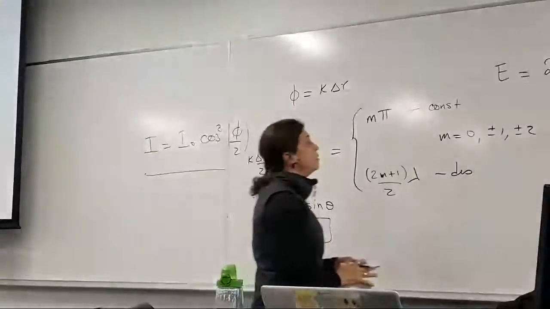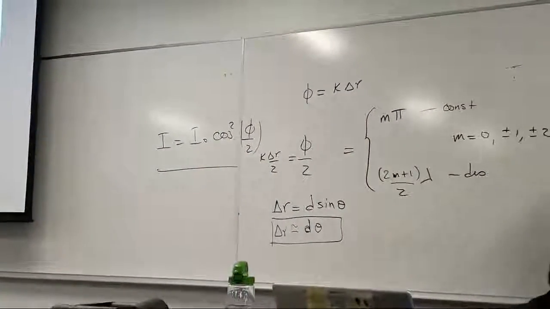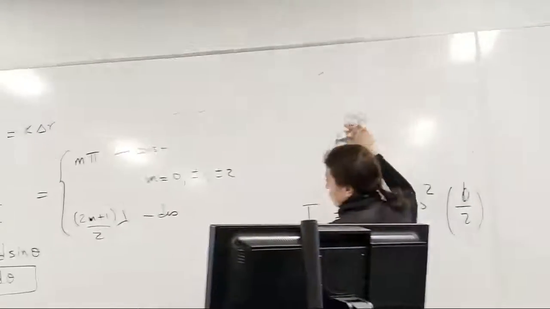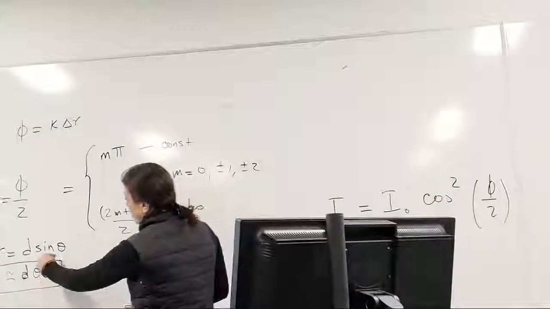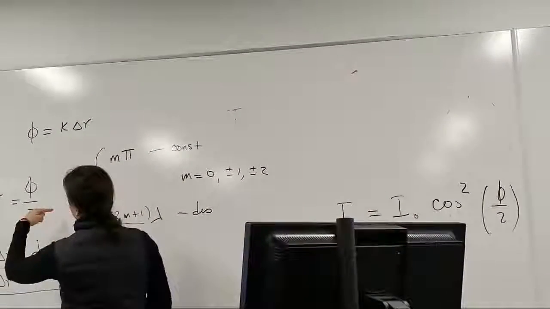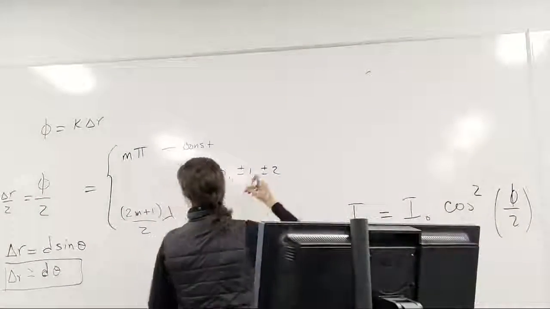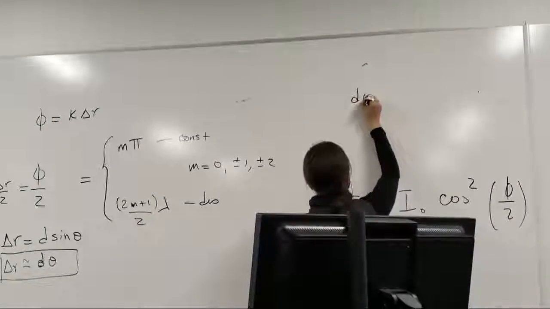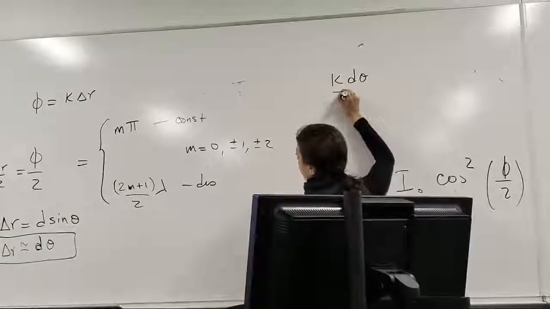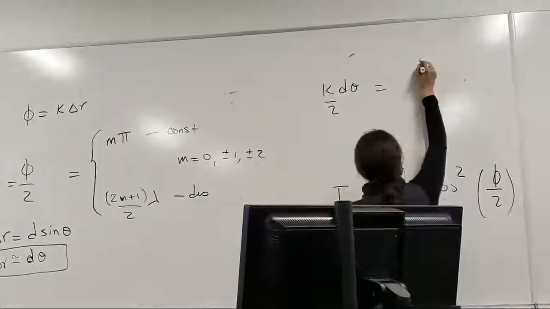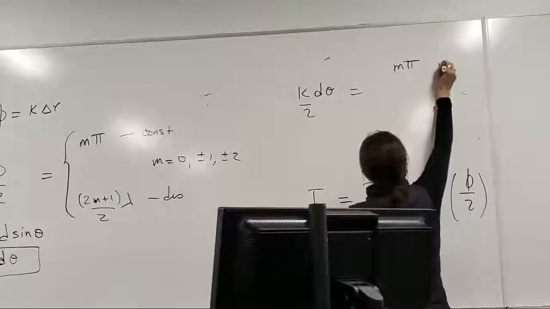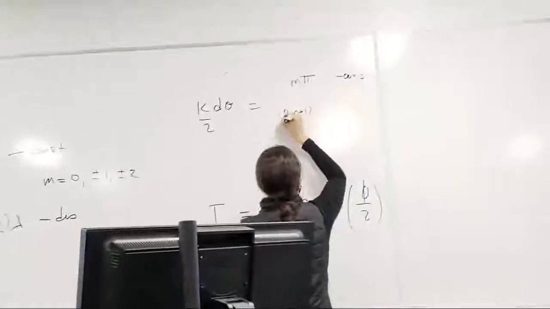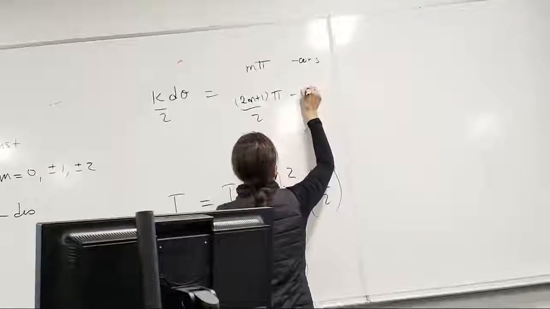So now I can grab this form and put it in here, and what I get, remember when we got that, is d theta times k over 2 equals m pi for constructive, or 2m plus 1 over 2 times pi for destructive.